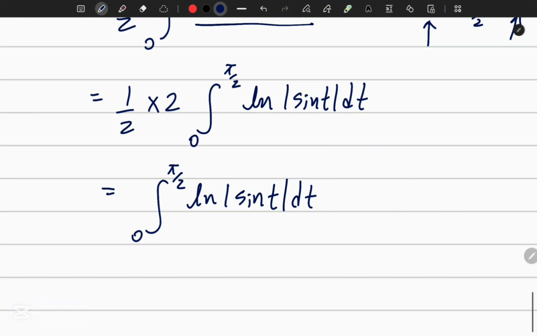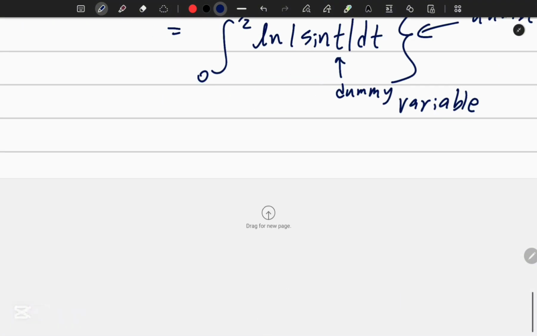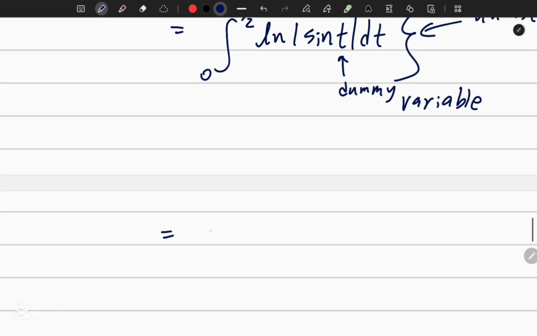So this equals the integral from 0 to π/2 of ln sin t dt. Here t is a dummy variable, so this is actually just a number. I can change it to any variable, so I'm going to replace t by x: the integral from 0 to π/2 of ln sin x dx. So this is my I1.